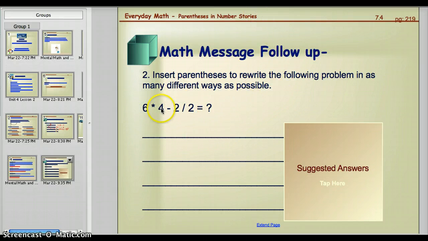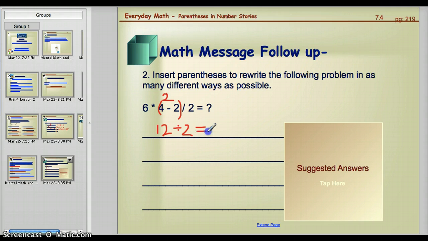For example, what if I decided to do, whoops, let's get my marker back here. If I decided to do the 4 minus 2 in parentheses only. So we've got an answer of 2 here. So then we have 6 times 2 is 12 divided by 2 equals 6.